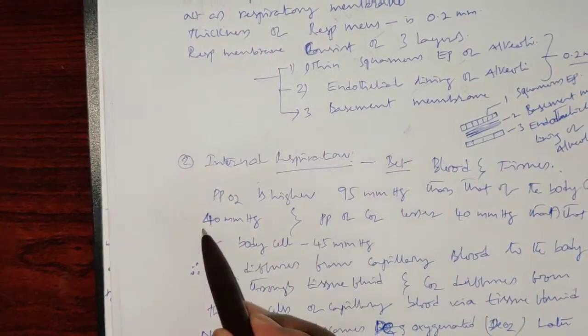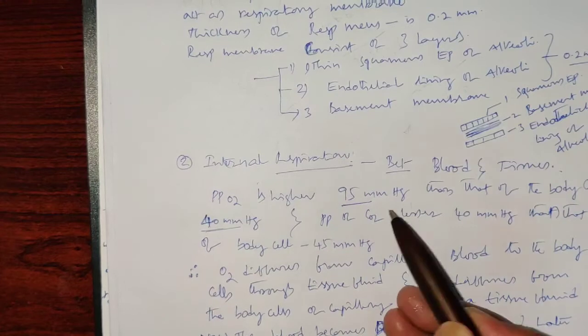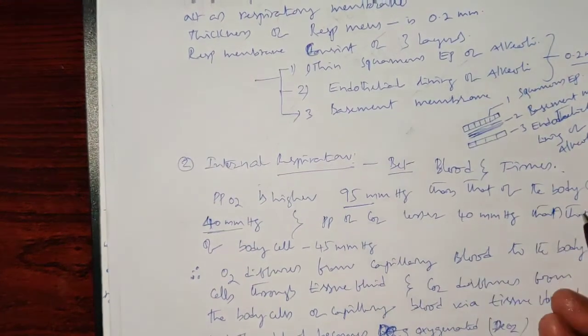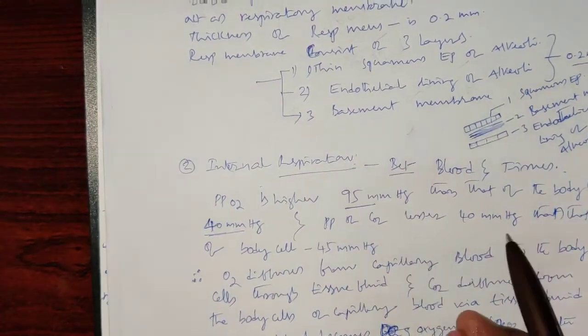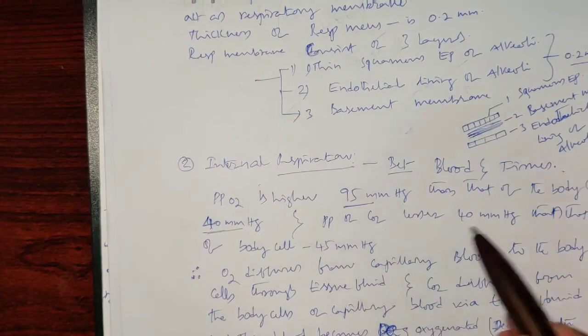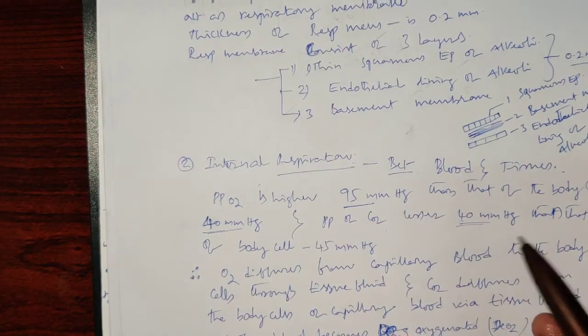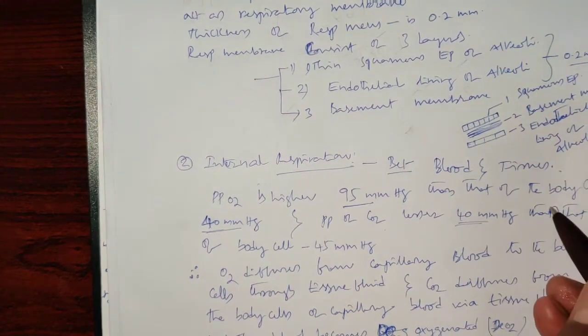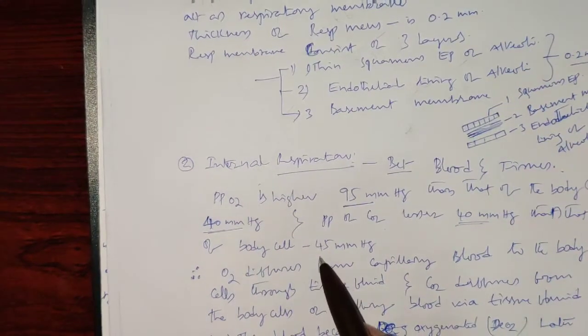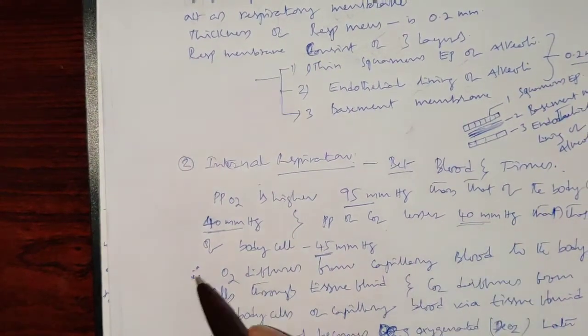Similarly, the partial pressure of carbon dioxide in the blood is lesser, 40 mm of mercury, than that of body cells, which contain 45 mm of mercury.